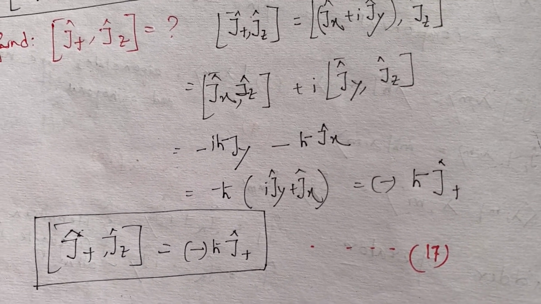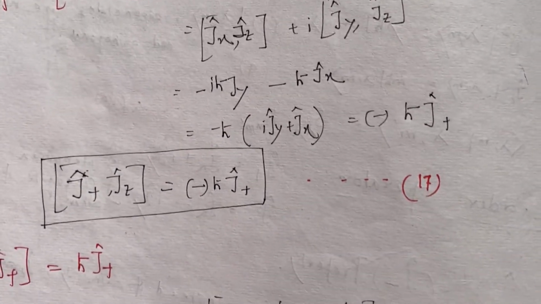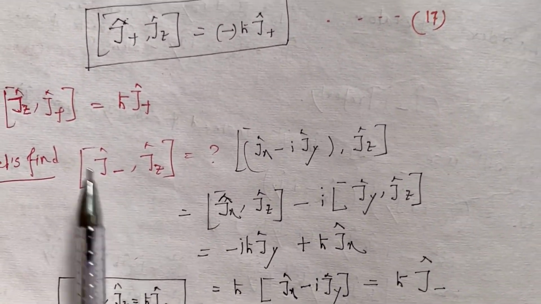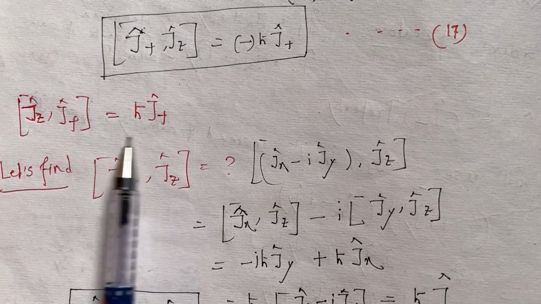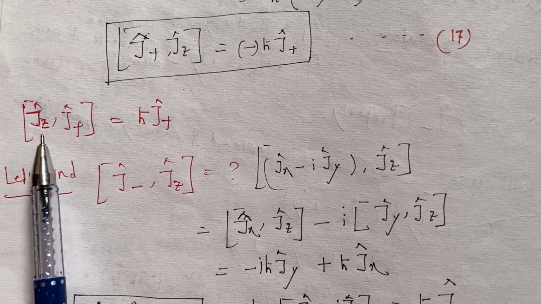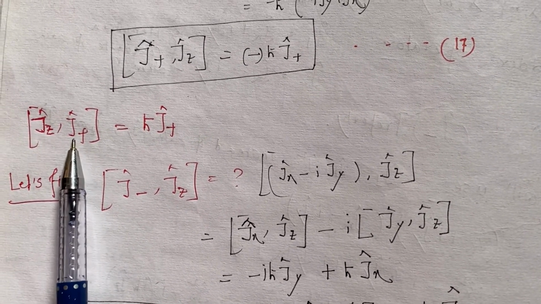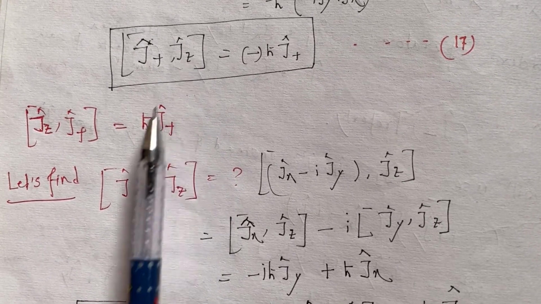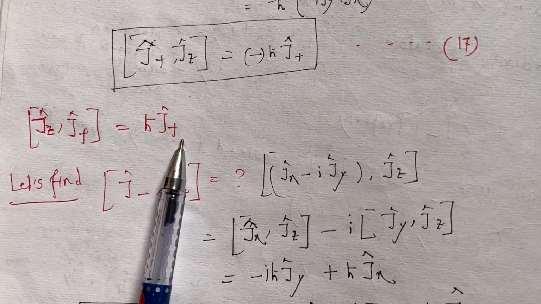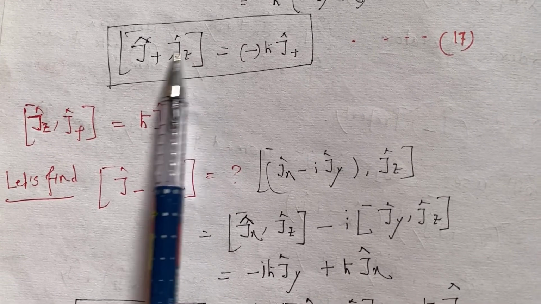This is equation number 17. Similarly, for the commutation relation of Jz and J plus, just the order is reversed, so I must get plus ħ J plus.